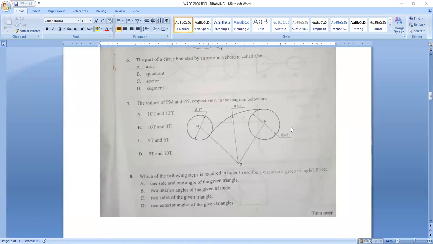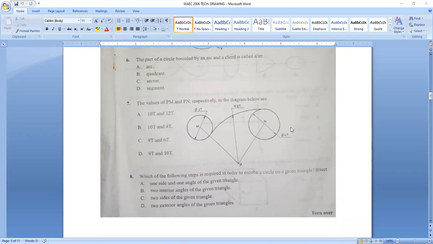Then question 7 says that the values of PM and PN respectively in the diagram below are 90 and 60. That is option C. You just need to watch my video on the principles of tangency to understand how those values are gotten, or how I got the answer to that question.